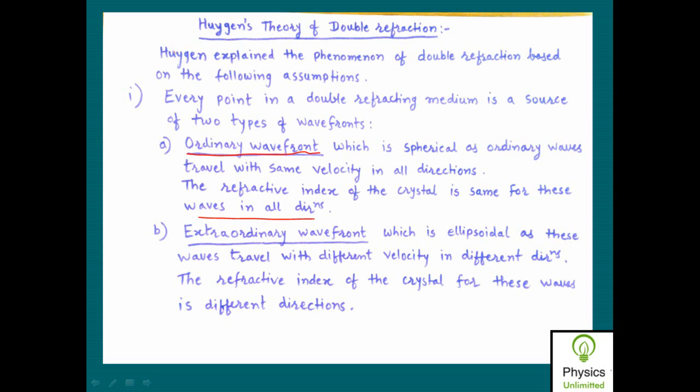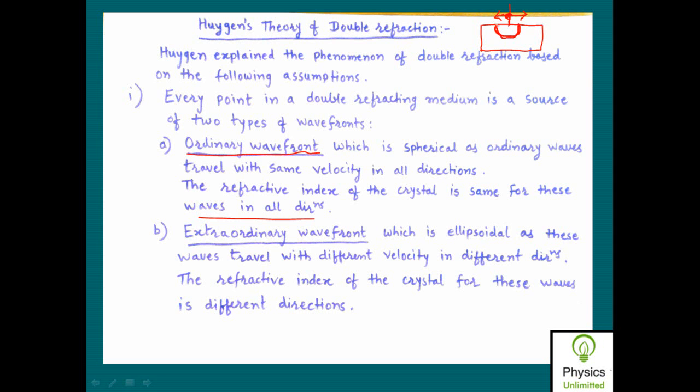So according to Huygens, when an unpolarized beam of light is incident on a slab of a calcite crystal, which is a double refracting crystal, two wavefronts should originate, one for the ordinary ray, which is spherical in shape.